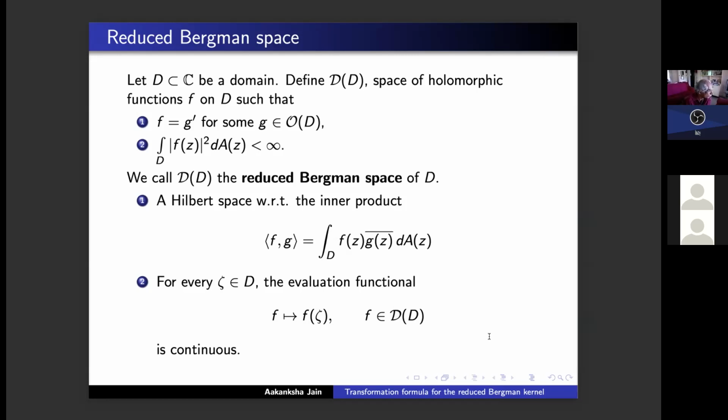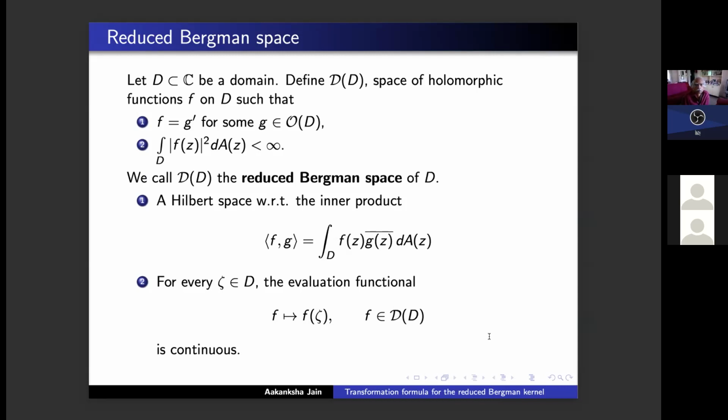You are saying the elements are the functions f, and each function f is the g dash of some element that is already holomorphic in D. Yes, yes.